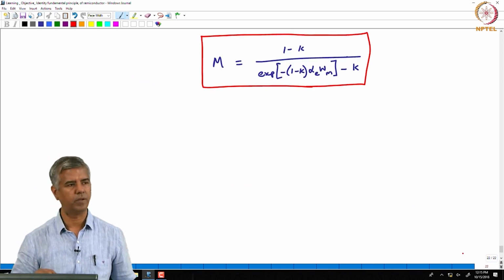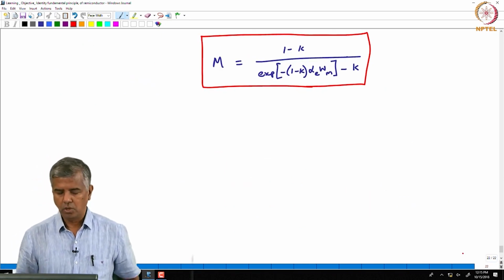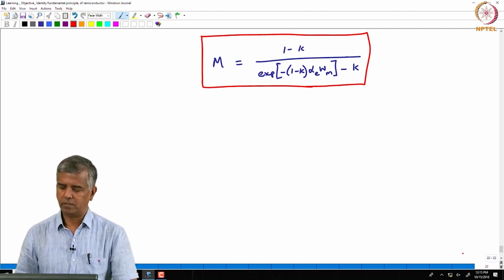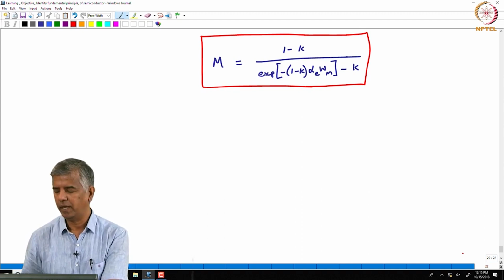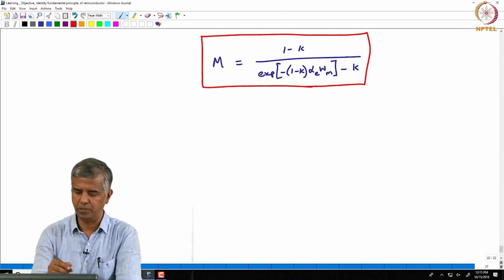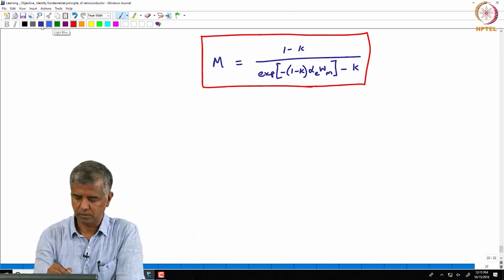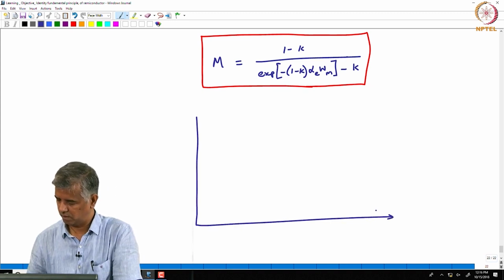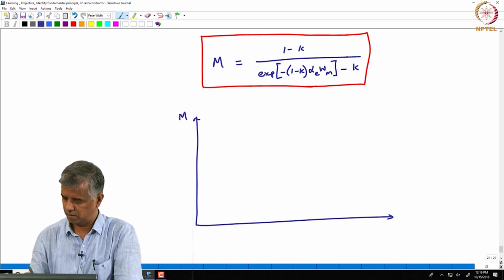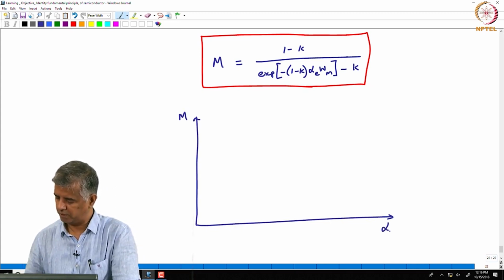So, that is what we have written here. If I plot this for different values of k, I can plot M as a function of alpha e W m. So, let us do that.